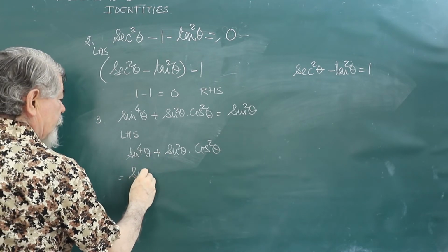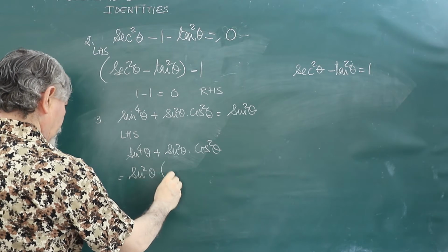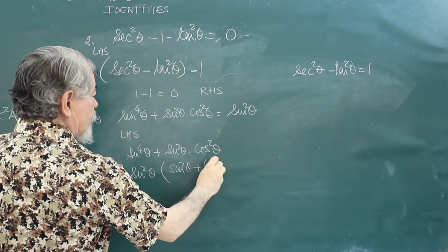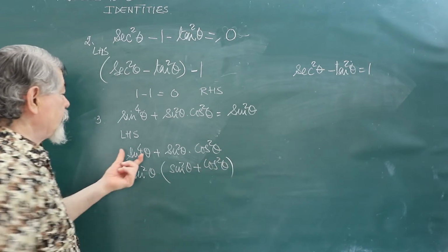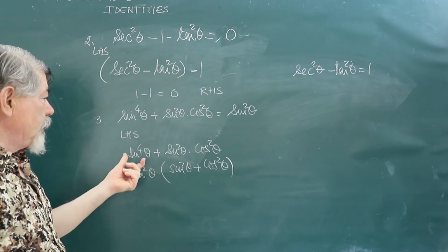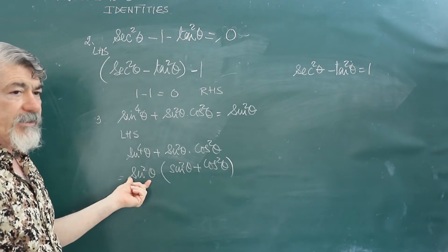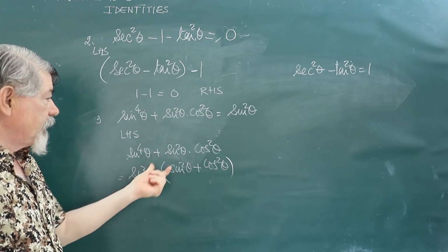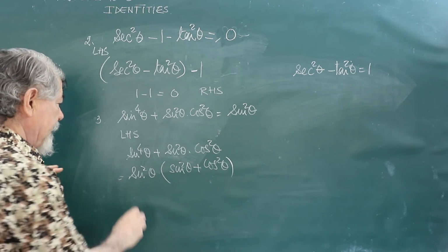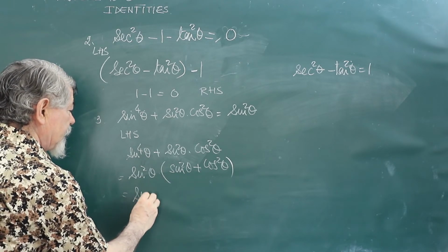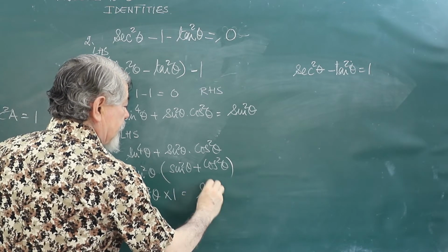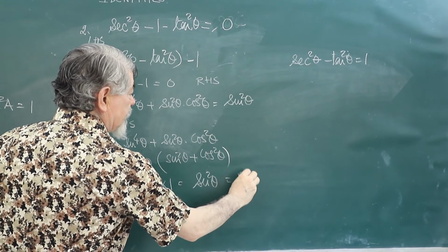Sine 4 can be written as sine square into sine square, so one sine square comes out common. What is left is sine square theta plus cos square theta, and that is 1. So your answer will be sine square theta, which is your right hand side.